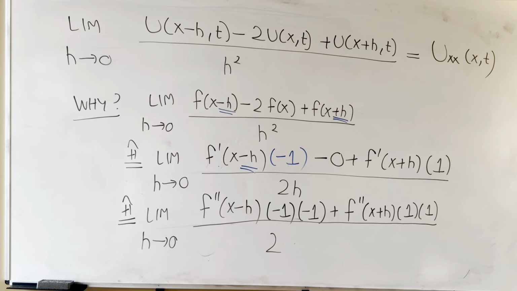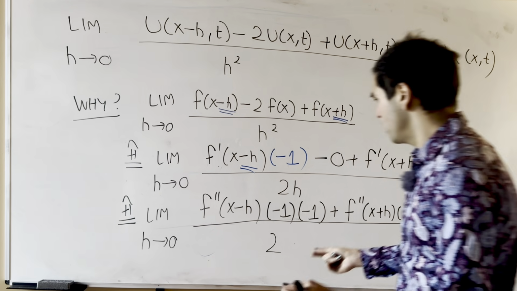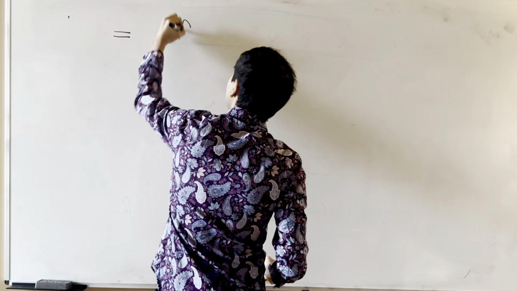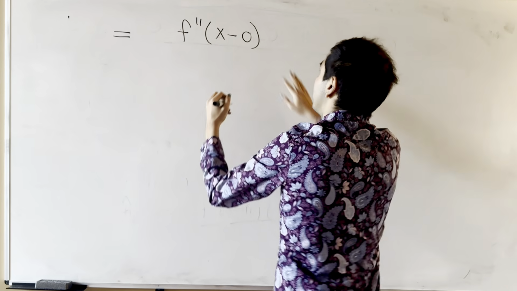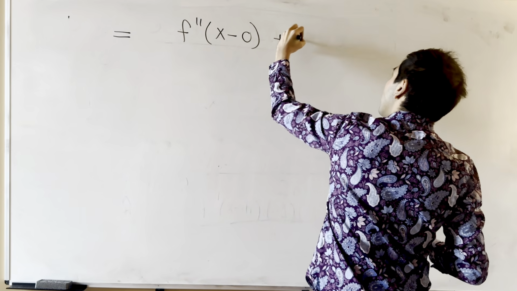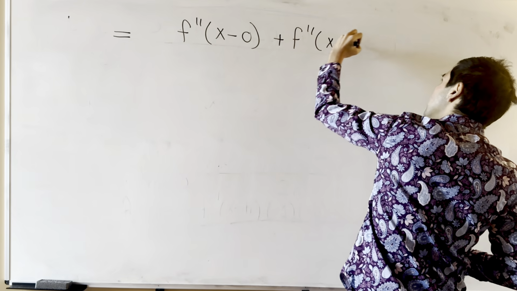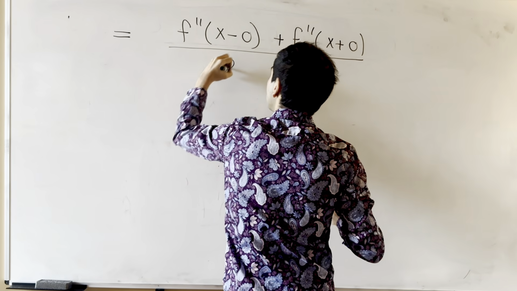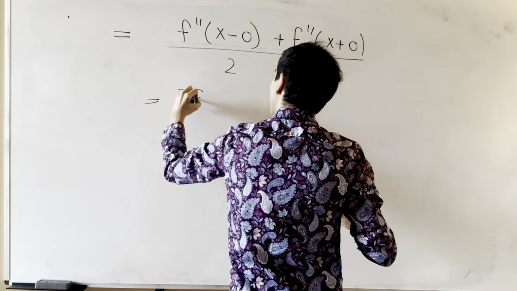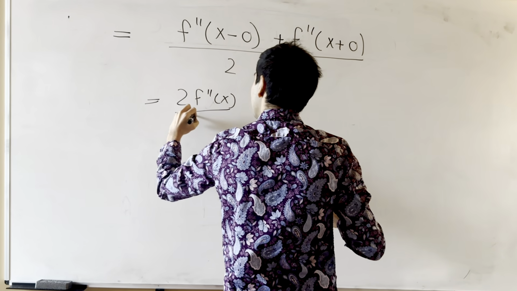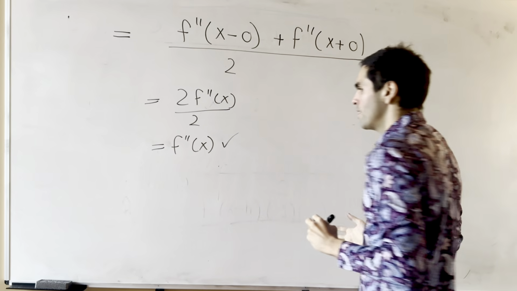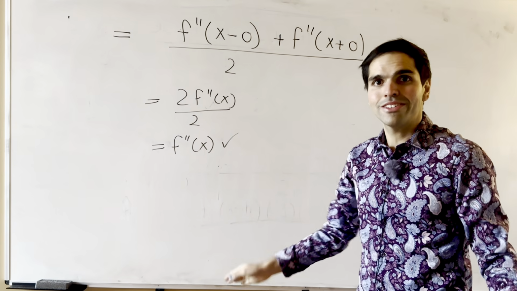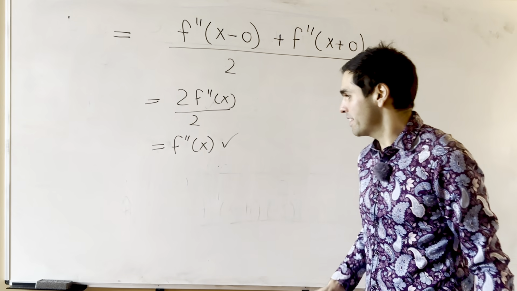And in the end, what we end up getting is f double prime of x minus 0 times 1, plus f double prime of x plus 0 over 2. So that's 2f double prime of x over 2. And that's f double prime of x. So in fact, it makes sense that it goes to the second derivative.